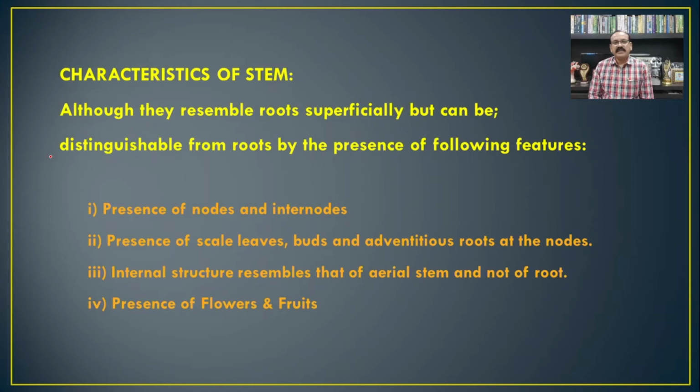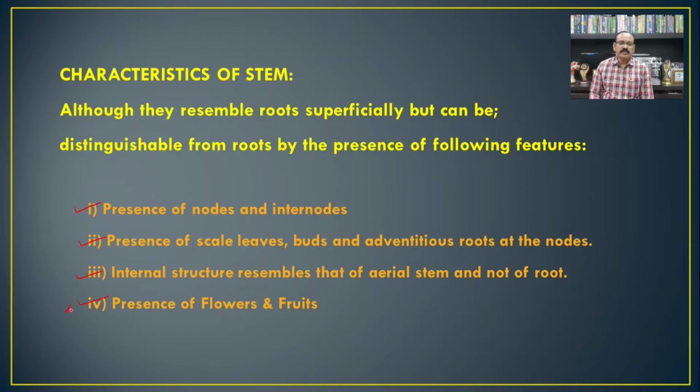Although the stem resembles roots superficially, it can be distinguished from roots by the presence of the following features: presence of nodes and internodes, which are altogether absent in the roots; presence of scaly leaves, buds and adventitious roots at the nodes; internal structure resembling that of aerial stem and not of root; and presence of flowers and the fruits.